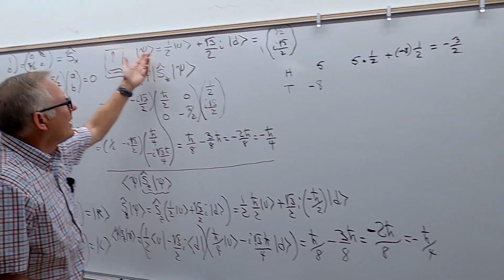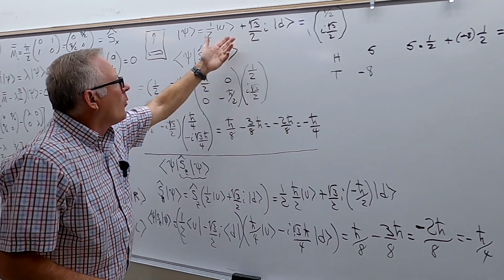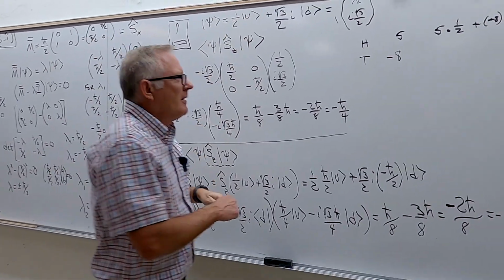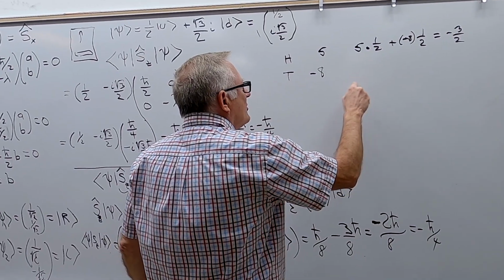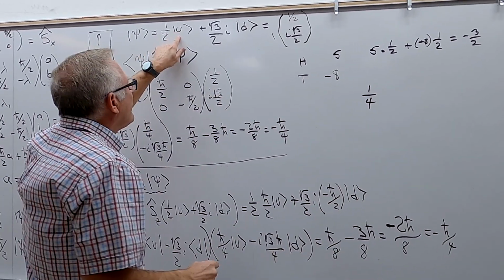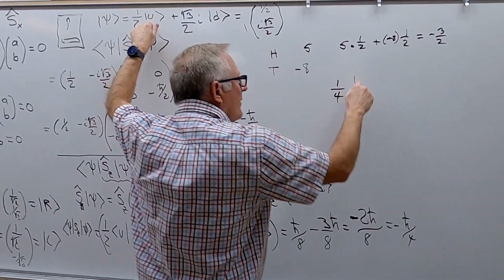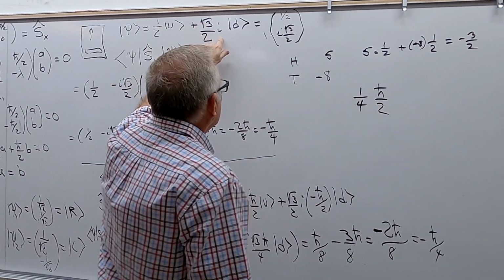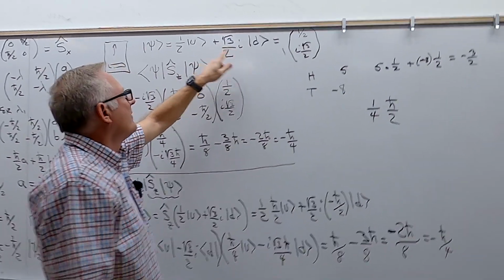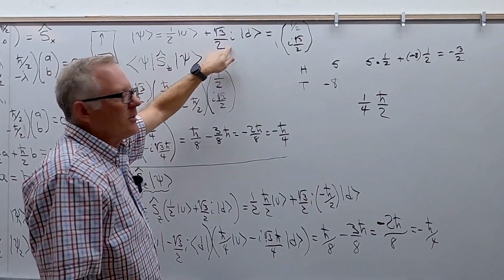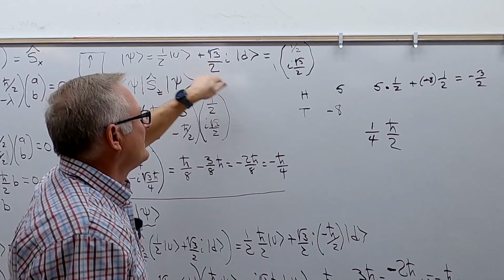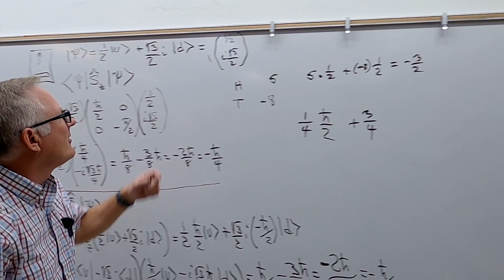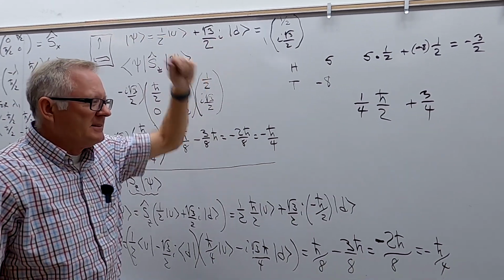Well, if we just come right up to here, we know the probability of getting up is just 1/4. So you could have just said it's 1/4 times the value you get from up, which is h bar over 2, plus the probability of getting this one. Well, if the probability of getting this one was 1/4, the probability of getting this one is 3/4. Plus 3/4 times the value you would get from the down, which is minus h bar over 2.